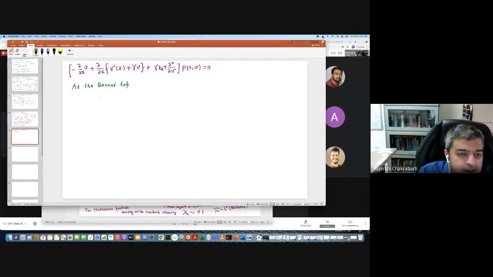If you're at the barrier top, the potential V of x is actually V of xB, and then I can do a Taylor expansion, of course.